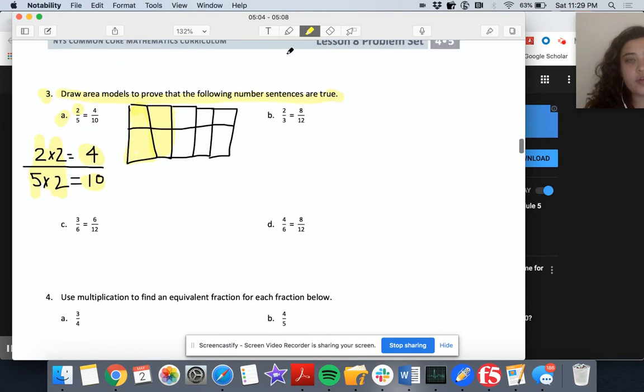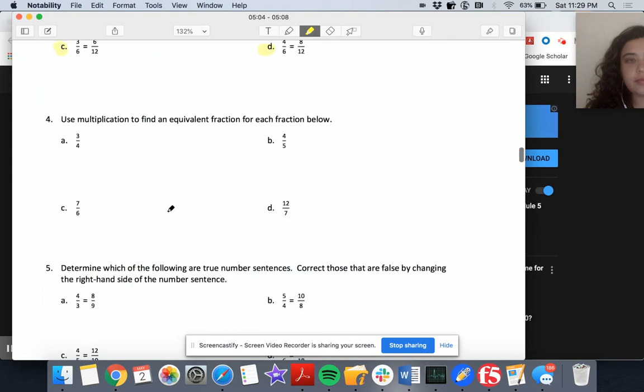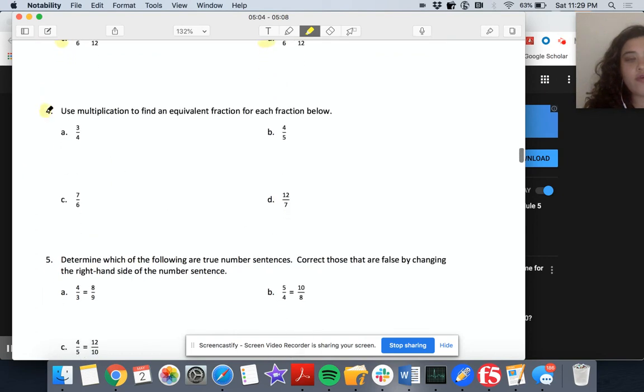Okay, so I want you guys to go ahead and try B, C, and D on your own. Okay, 4 asks, use multiplication to find an equivalent fraction for each fraction below. Okay, what's super easy about this, math stars, is equivalent. How can we find equal fractions?